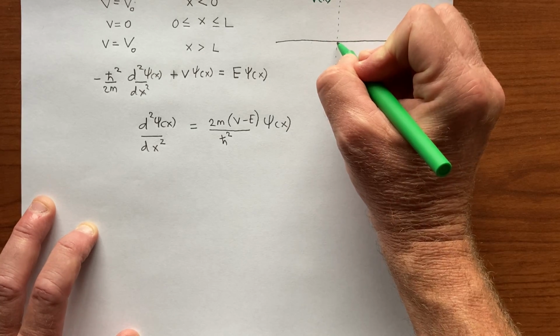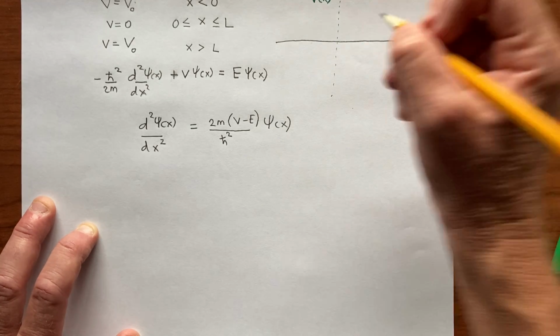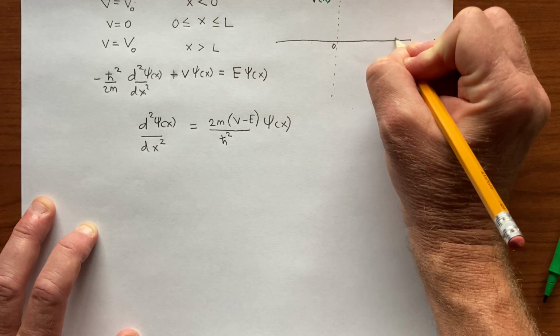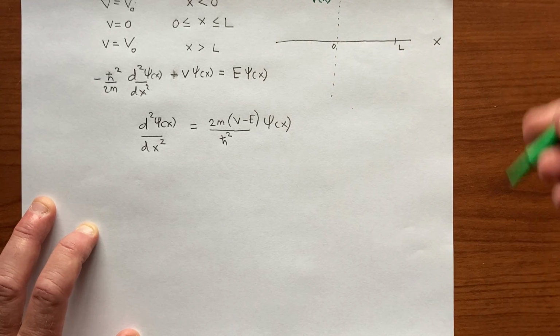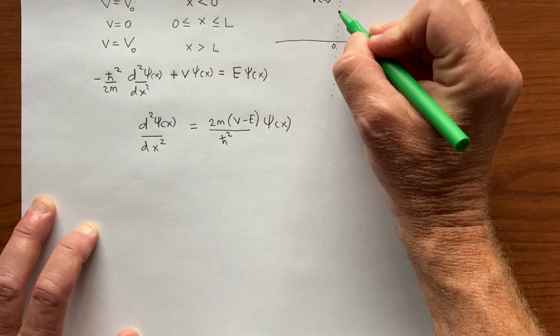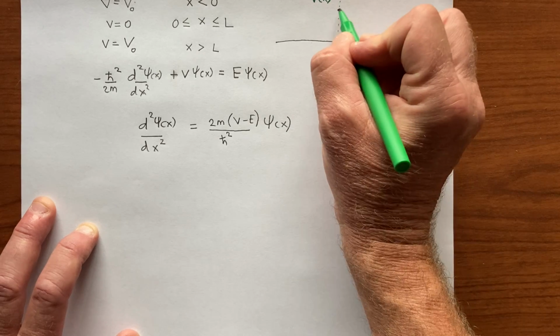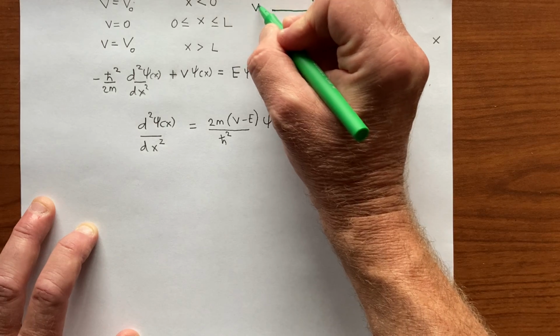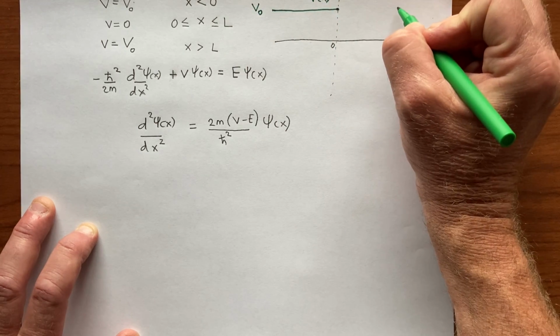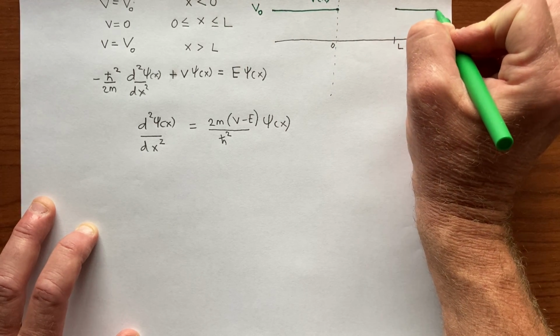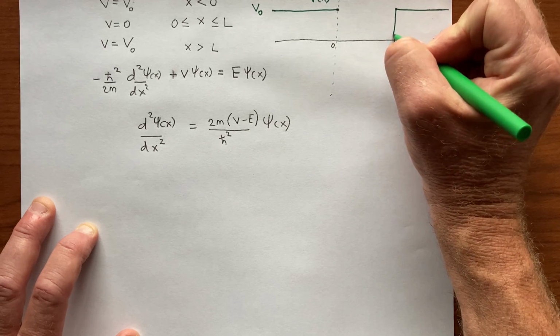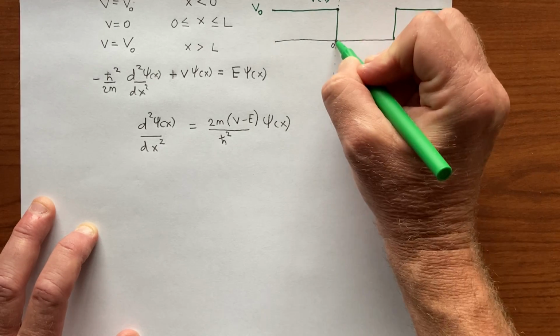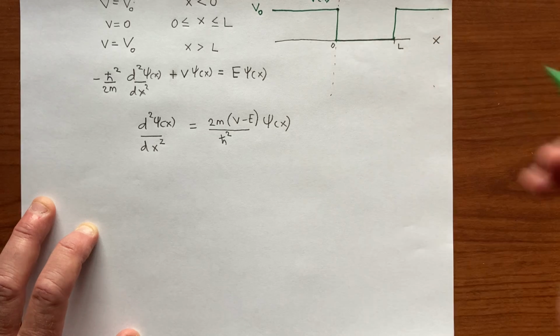If this is x equals 0, and this is x equals L, let's say this is V naught. So here we're at V naught as well. And then here we come down to 0. And so it looks like that.